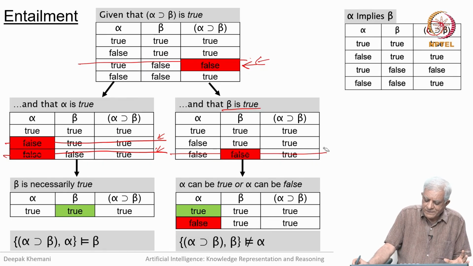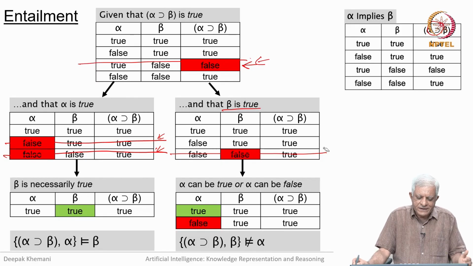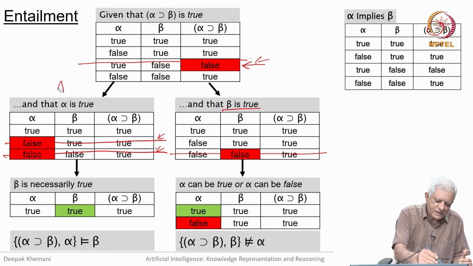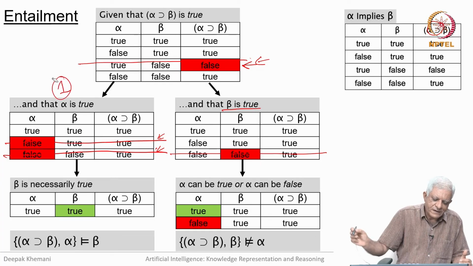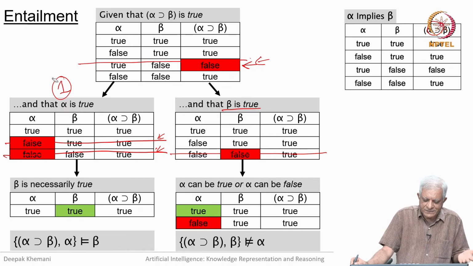So, this is a notion of entailment which allows us to compute whether a sentence is entailed from a knowledge base. We saw 2 cases here. In both cases alpha implies beta is given as part of the knowledge base. In the first case alpha is given to us, and then we saw that beta is entailed, because beta has no option but to be true in the resulting truth table.